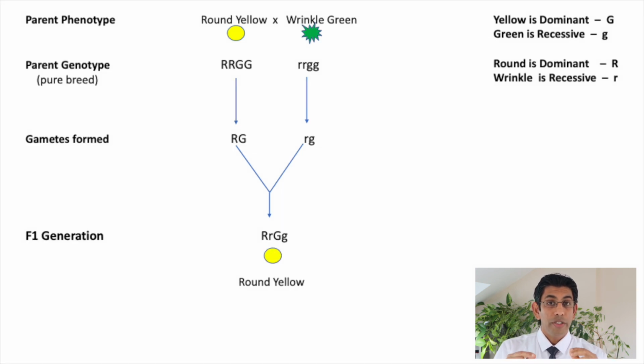So the genotype of the F1 generation is going to be capital R, small r, capital G, small g, because we have the dominant characters here. The phenotype of the offspring is going to be round and yellow.